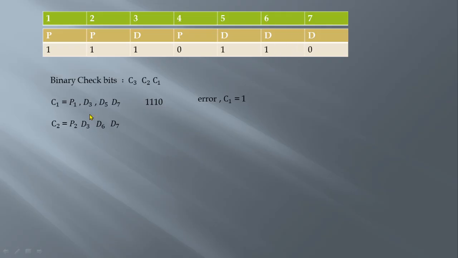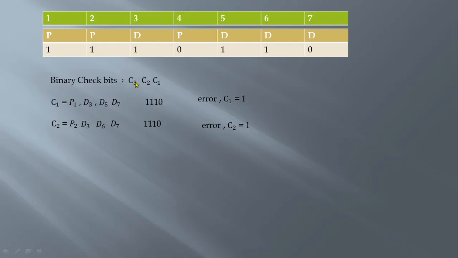You consider 2 bits and leave 2 bits. So P2 is 1, D3 is 1, D6, D7 are 1, 0. So the code word C2 equals 1, 1, 1, 0. Here also there is an odd number of ones, so there is an error in C2.